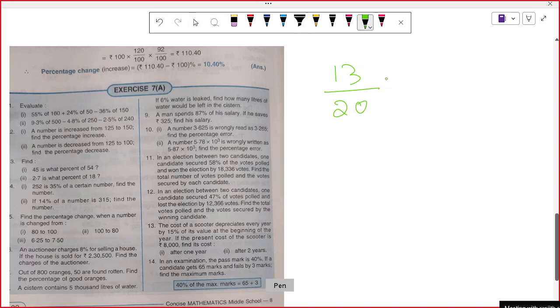So what's the percentage? 13 by 20 into 100%. 5 into 13 is 65%, sir. 65, good. 65% of your answers were correct. Out of 100%, 65% was correct.